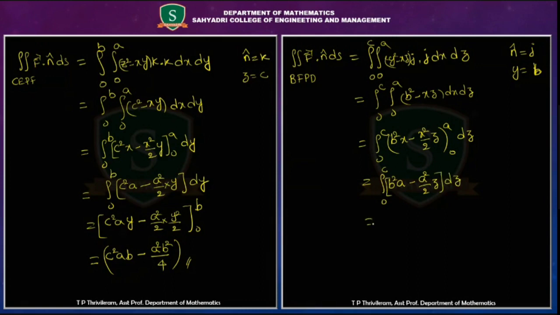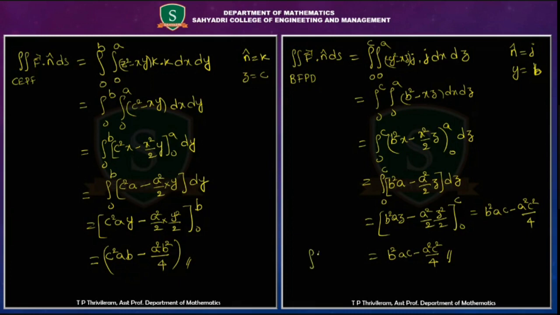Okay. So this one is equal to, apply integration with respect to z. So I'll get b square az minus a square by 2, z square by 2, having the limits from 0 to c. So b square ac minus a square c square by 4. So the answer is b square ac minus a square c square by 4.